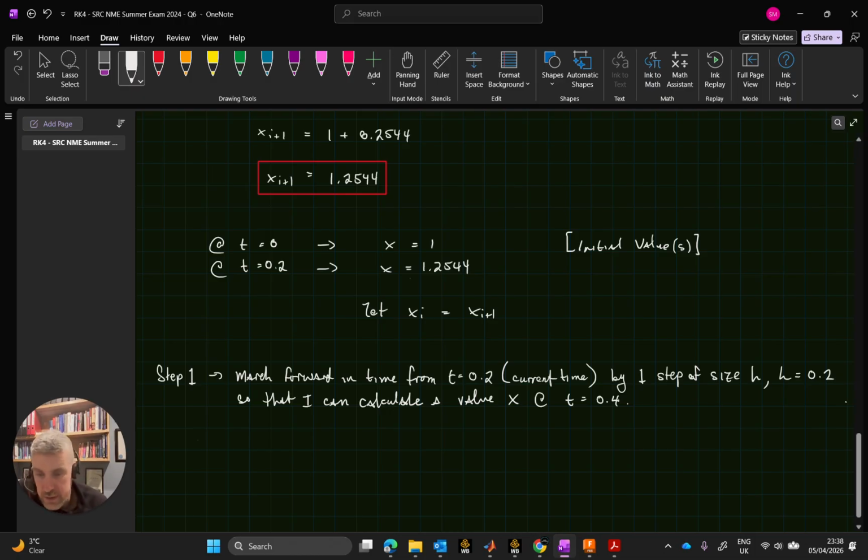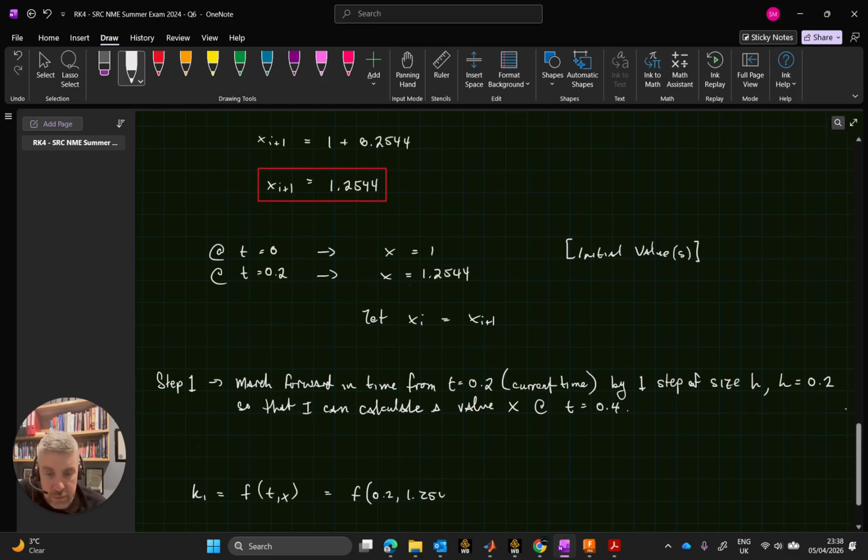So we could then say, as we did before, k1 is equal to the function value now at t and x, which is equal to the function value at t being 0.2 and x being 1.2544. Plug them values in.